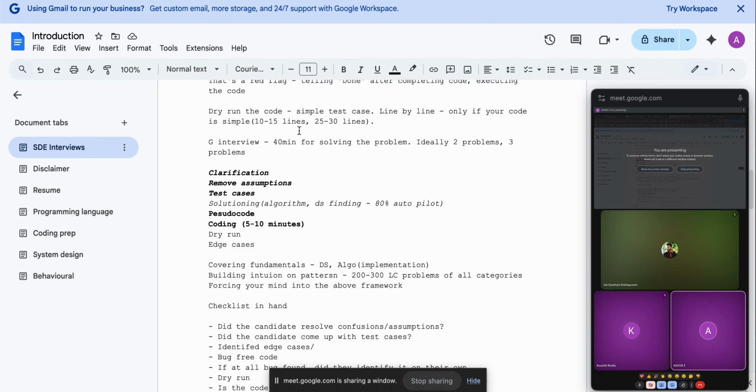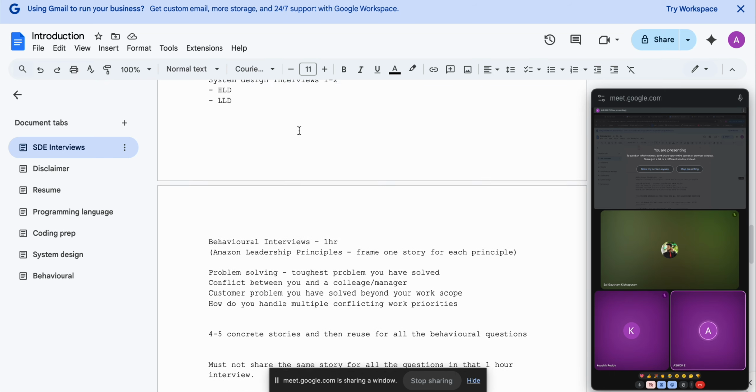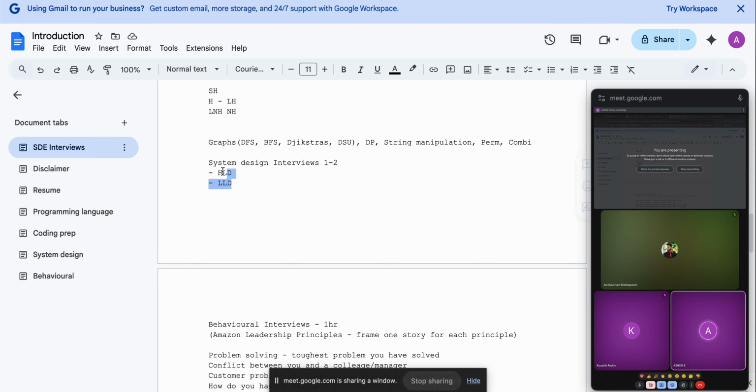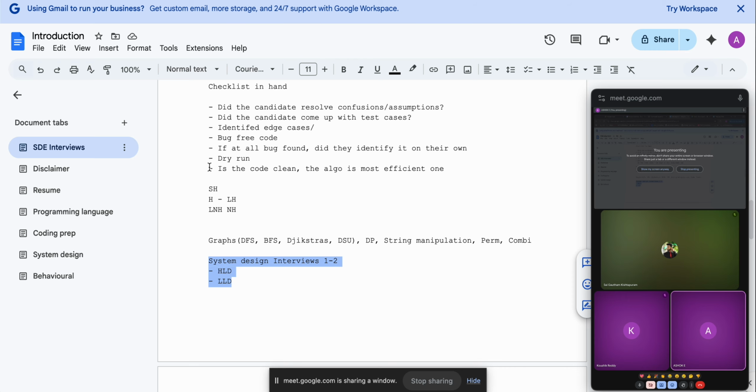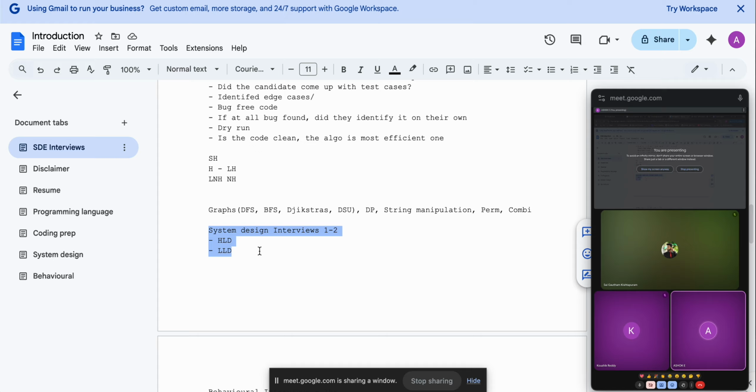And then yeah, I have given you a quick overview of all specific things. System design I didn't cover much because it has its own template. I'll cover the template when we start the system design sessions, right? First we will focus on coding, and then we'll go ahead with system design.